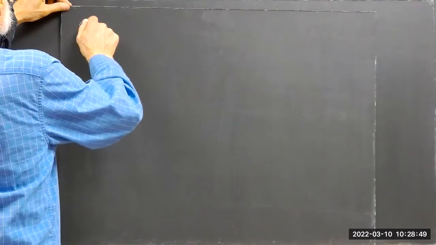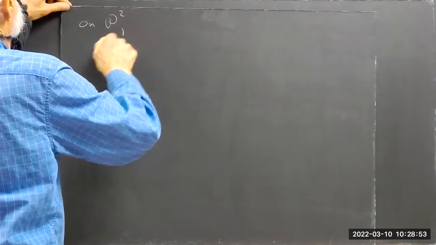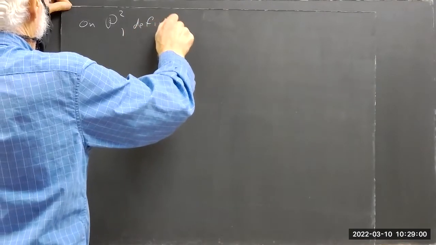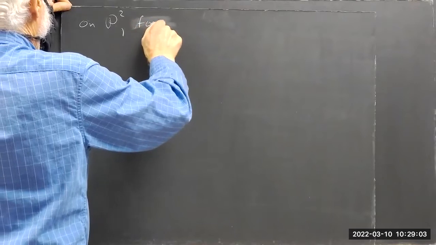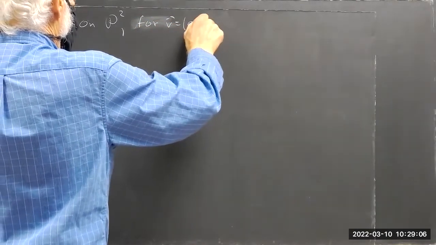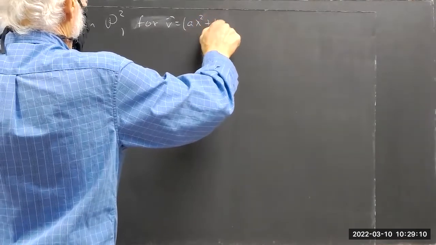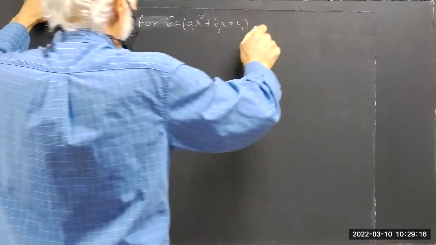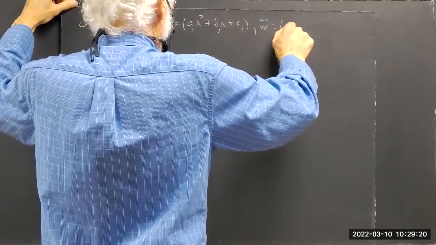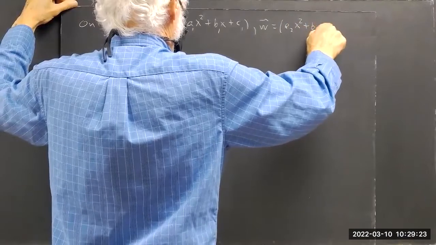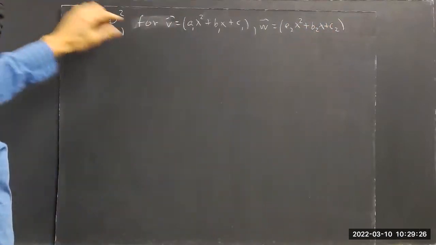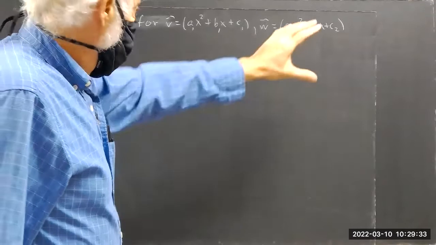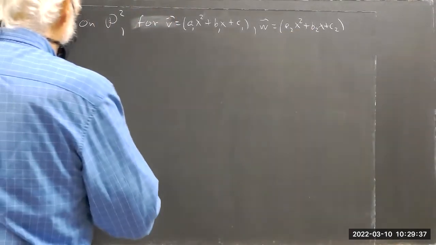Let's say V is A1x squared plus B1x plus C1, and W is A2x squared plus B2x plus C2.